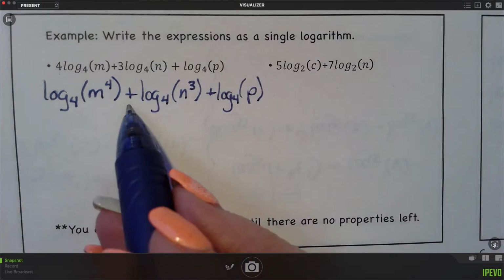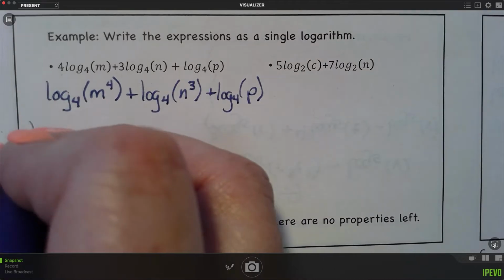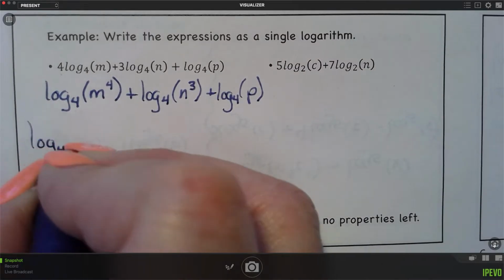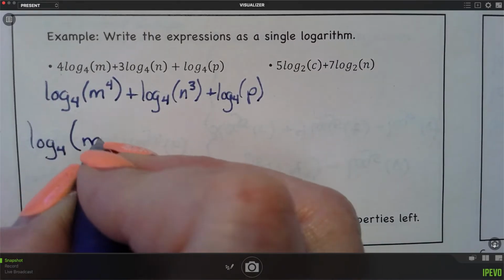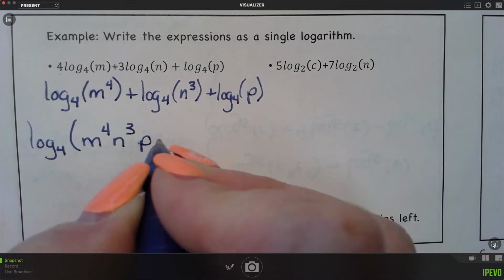Now what does plus mean? Multiply. So it's log base 4 of what? To the fourth. To the third. Wait, what am I doing? I don't know.